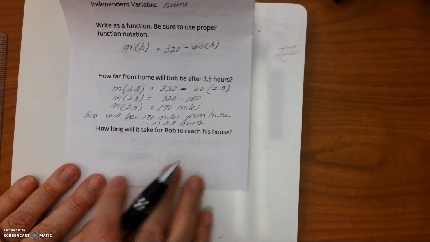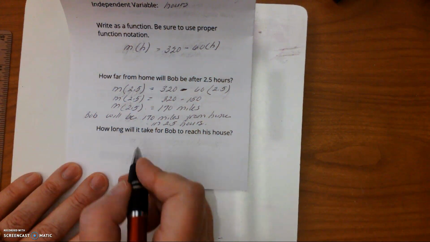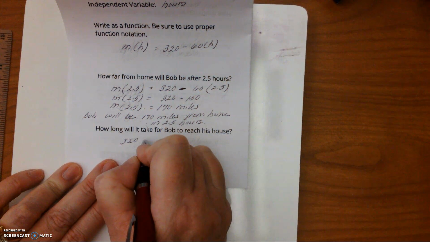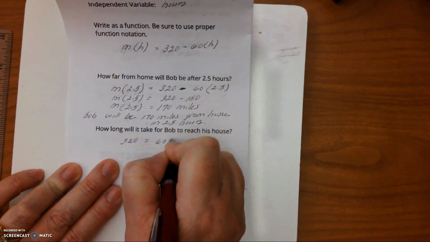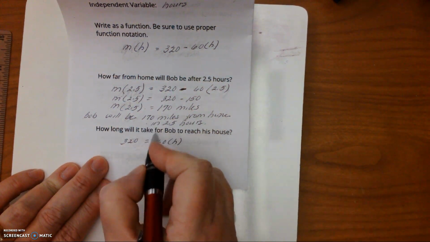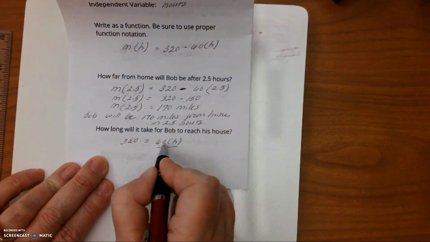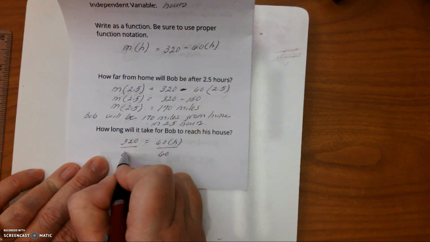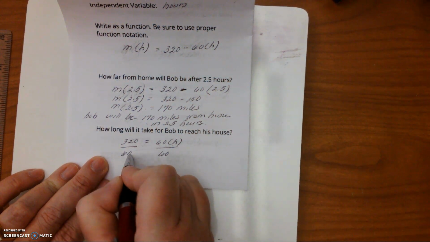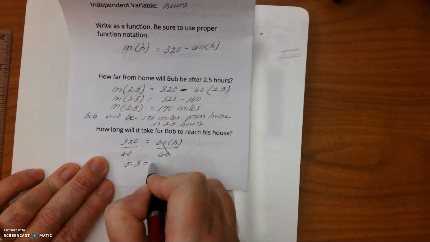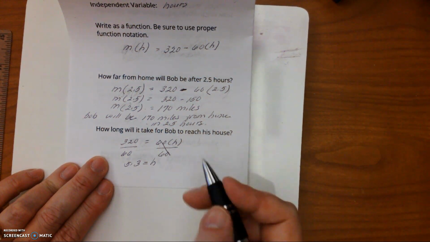Now, how long will it take Bob to reach his house? So we know it's 320 miles, and it takes 60 miles per hour. So this is 60 times h. So we're going to divide, because the inverse of multiplication is division. 320 divided by 60 equals 5.3. This crosses out, so it's 5.3 hours.